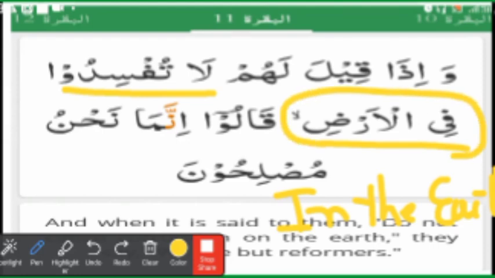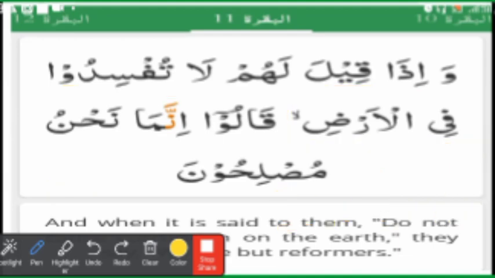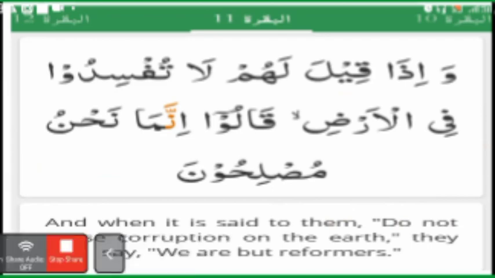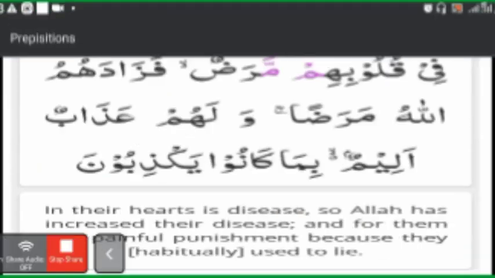So we translated zameen mein, but actually we mean zameen par. The same applies in Arabic as well. Fil ardi can mean in the earth or on the earth. Fish shari'i means on the road, right? So let's move on.